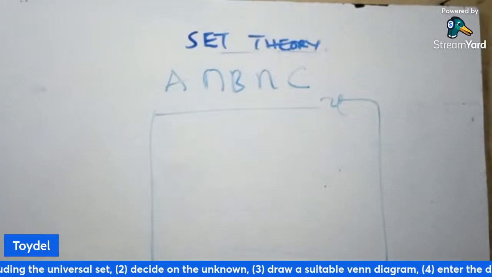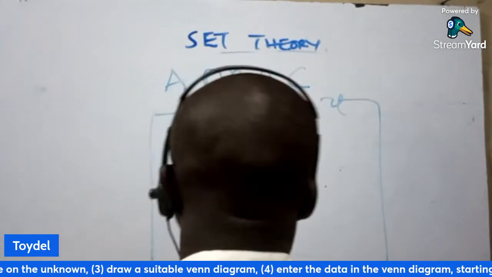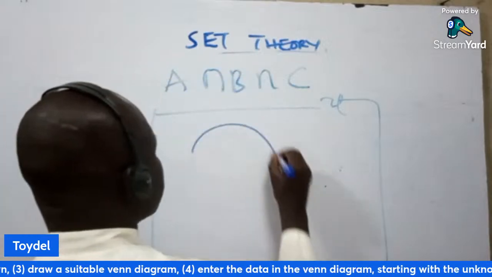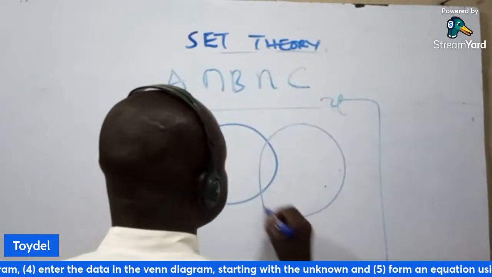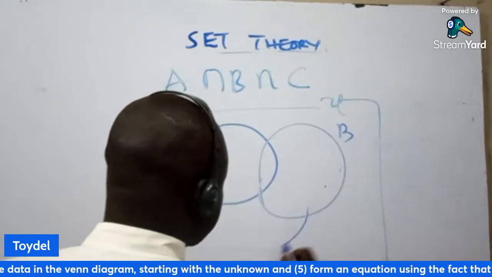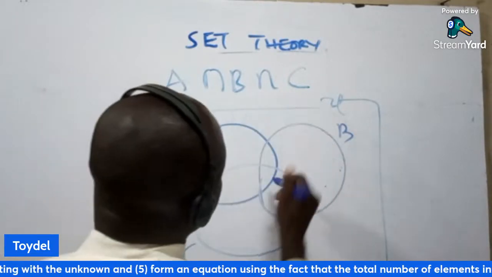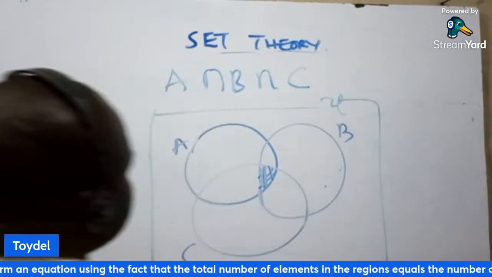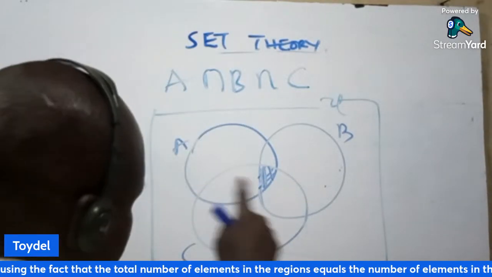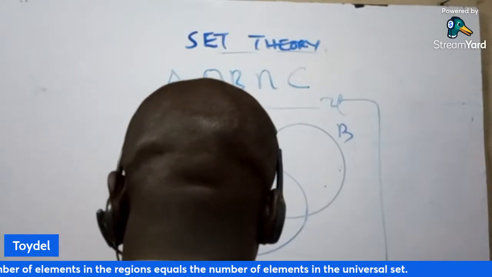Then there will be three subsets here, A, B, and C. Since it's intersection, all the three have something in common. So the intersection of the three will be the central region, because that is where all the three circles overlap.